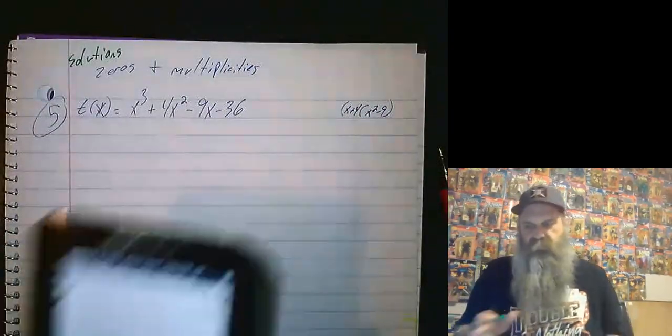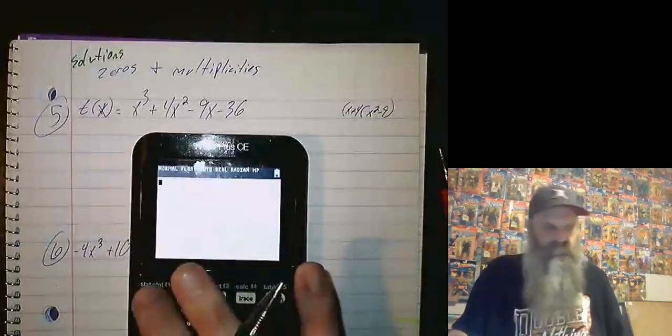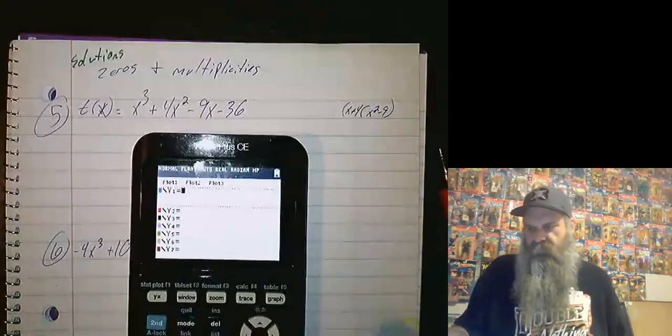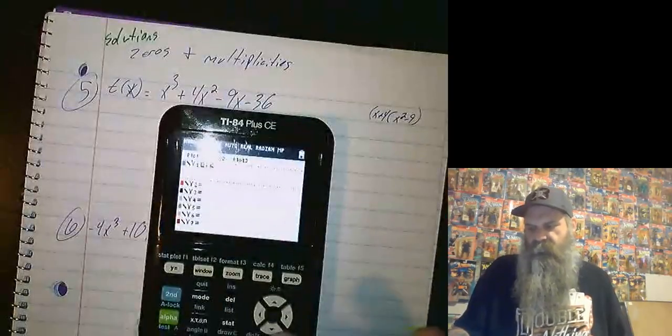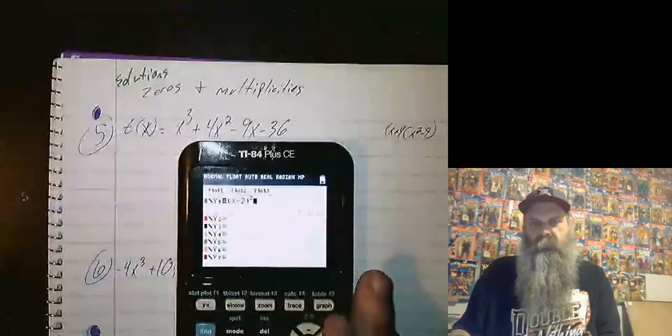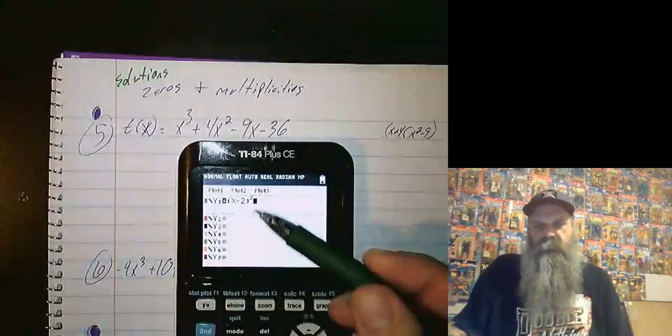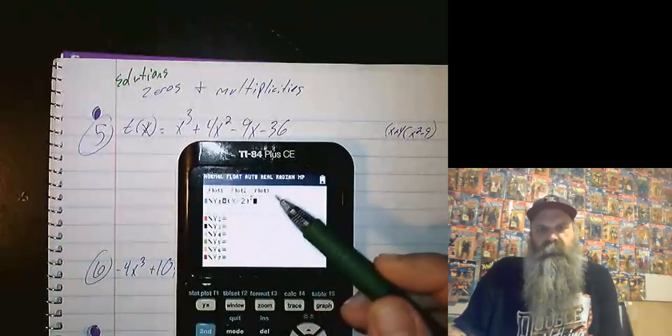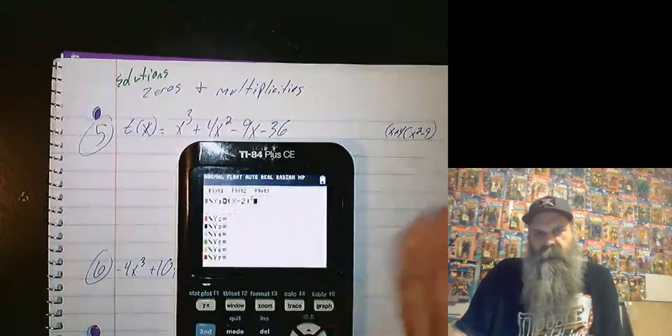So just a quick example that I like to show. If I did, in parentheses, x minus 2 squared, well, we should expect to see two solutions because we have a squared x.